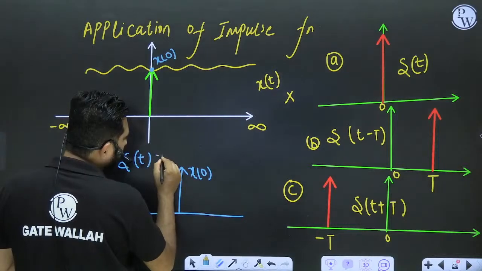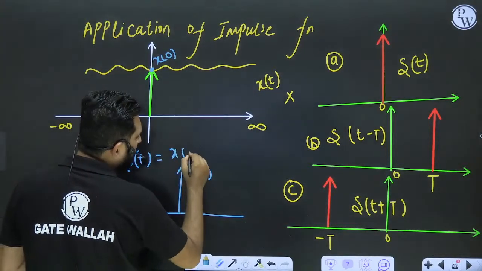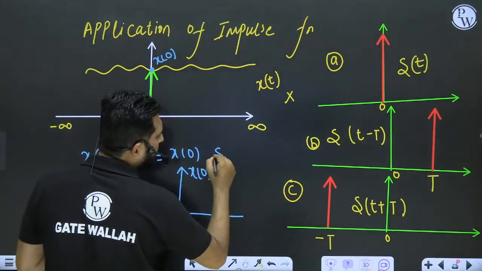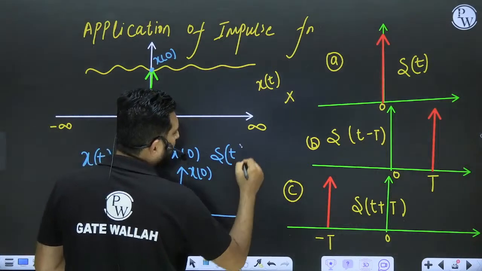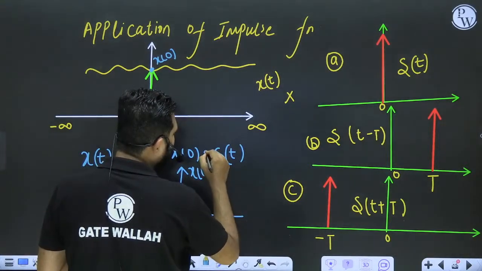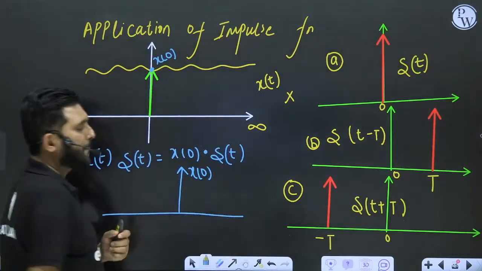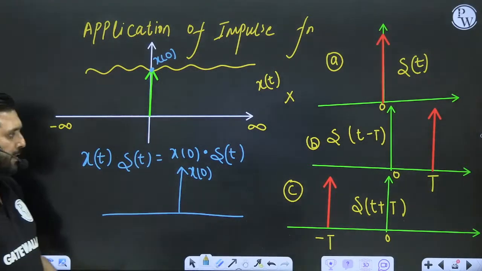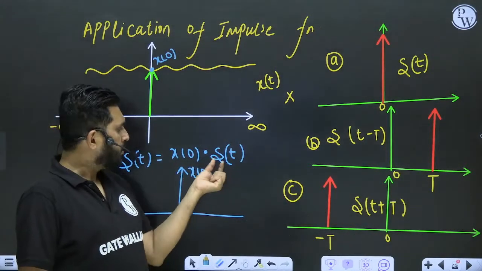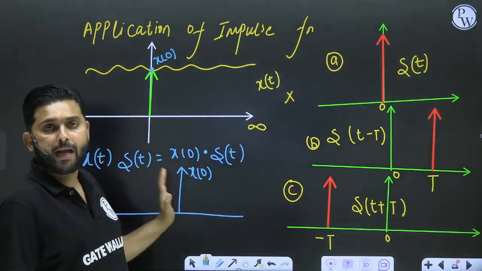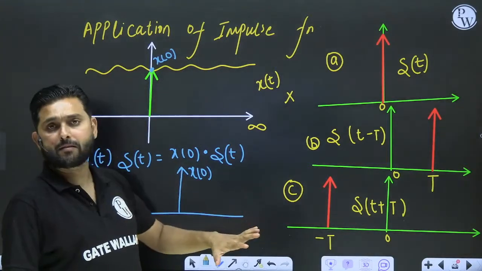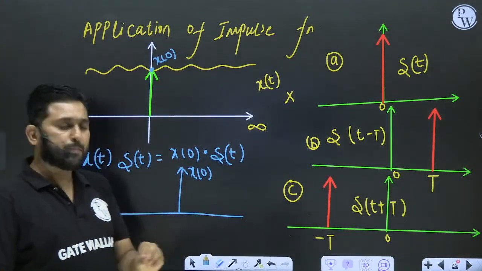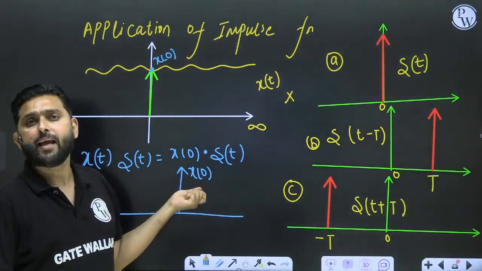The nature is x0 times delta t. So when you multiply by the impulse function, surely you will get an impulse, but the impulse height is now modeled by x0.